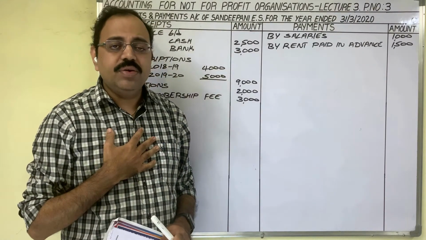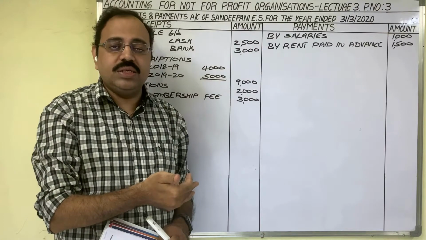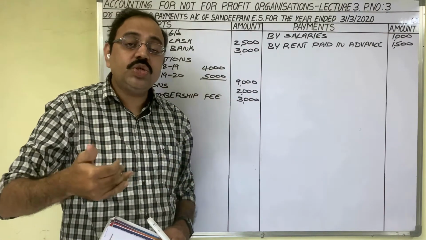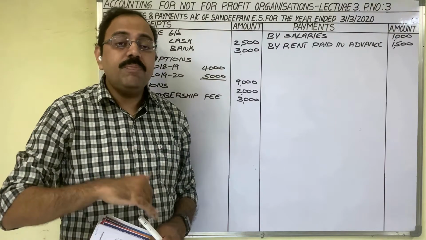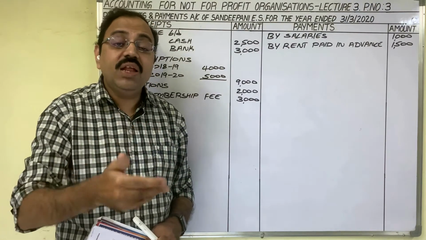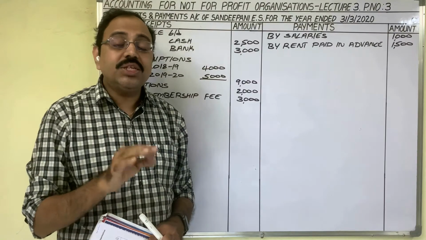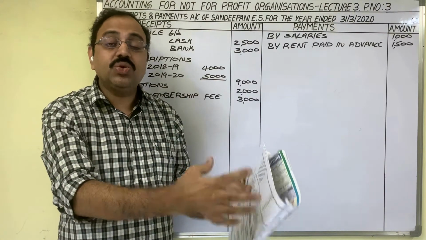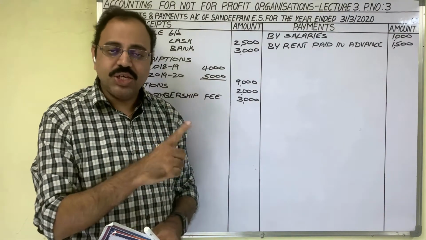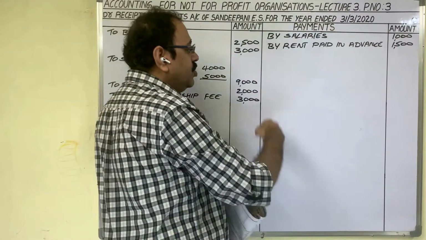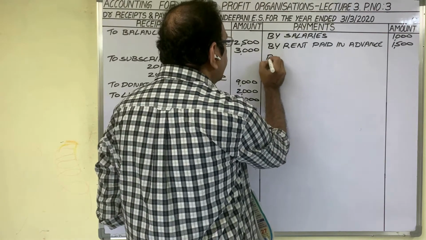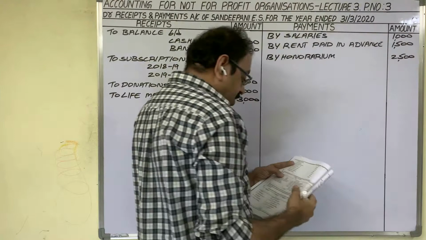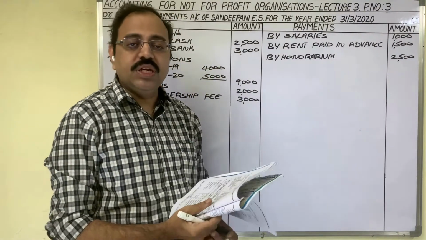If our firm invites any artist or professor, if they give some service to our members, if they perform some art, if they deliver one lecture, then as a token of gratitude we pay some amount to them. It is known as honorarium. Cash is going, therefore credit side we should write. By honorarium, 2,500 rupees.